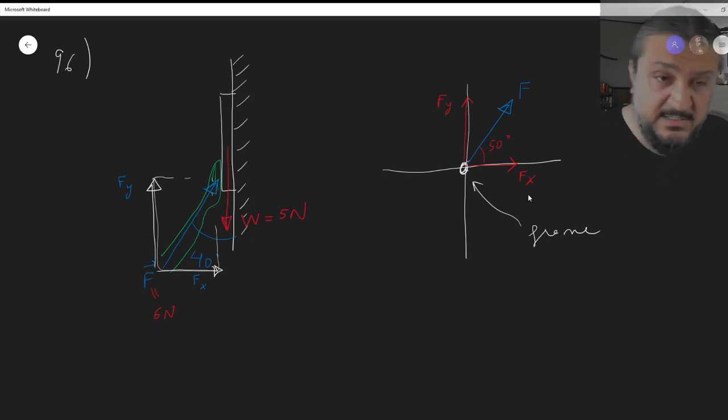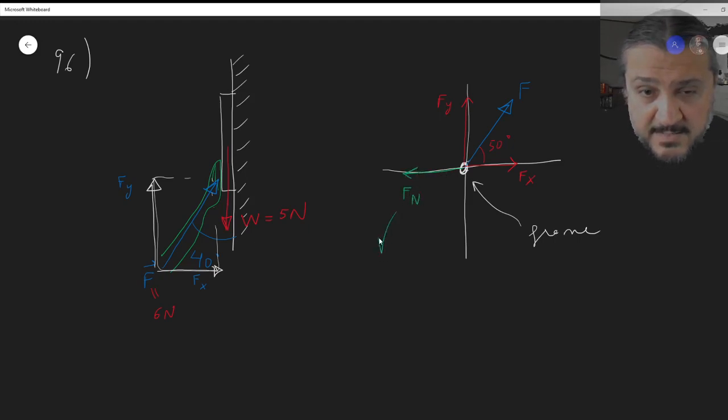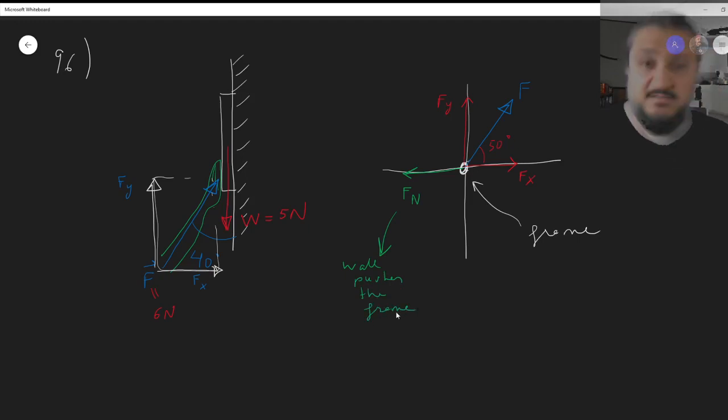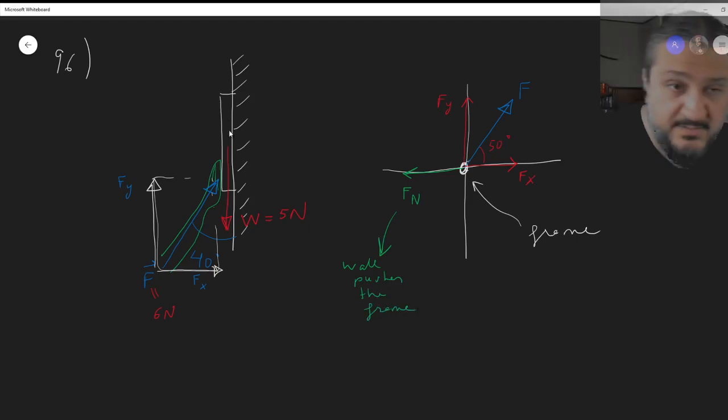Actually, let's show that in the other direction. Fn means the wall pushes the frame to the left. That's the normal force we're talking about.